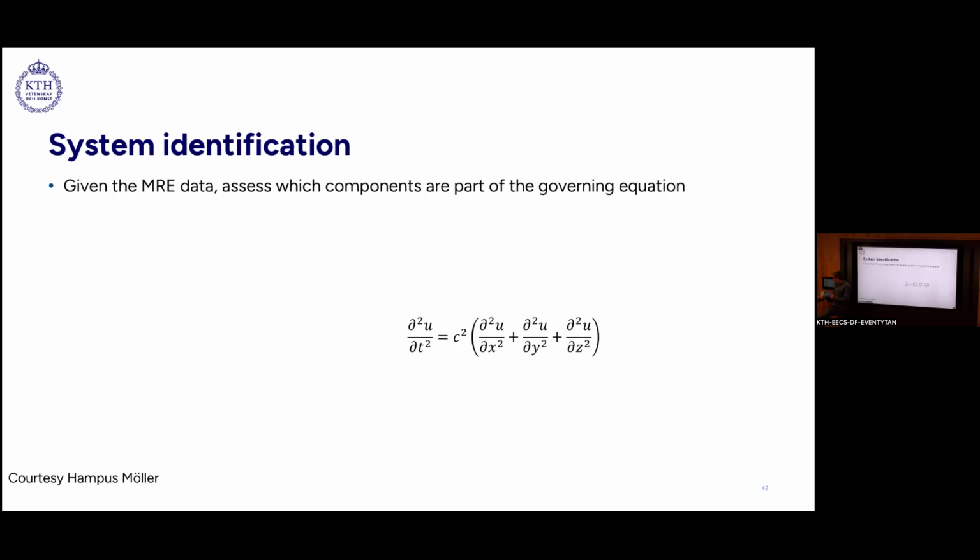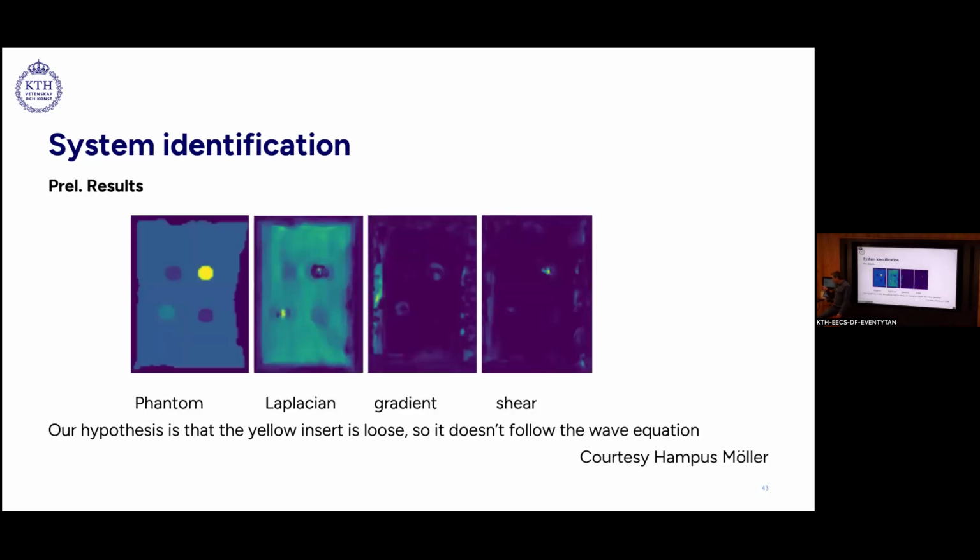And if this is very similar to what you would expect, then that means that this is good quality. If you have other components, then you ask what is happening there. Actually, we tested this idea with a phantom. It's a homogeneous phantom, a publicly available phantom, where they put 4 inserts with different stiffnesses. This one is very high stiffness, and the others are lower.